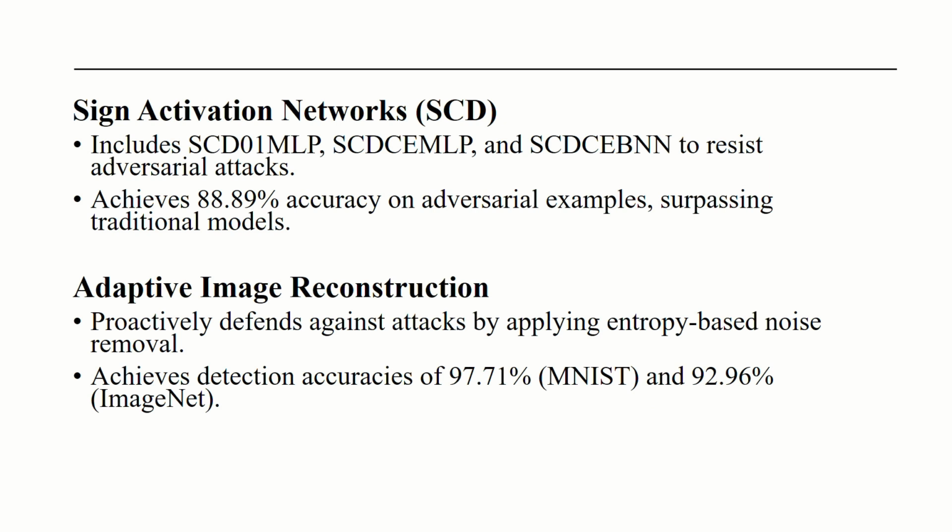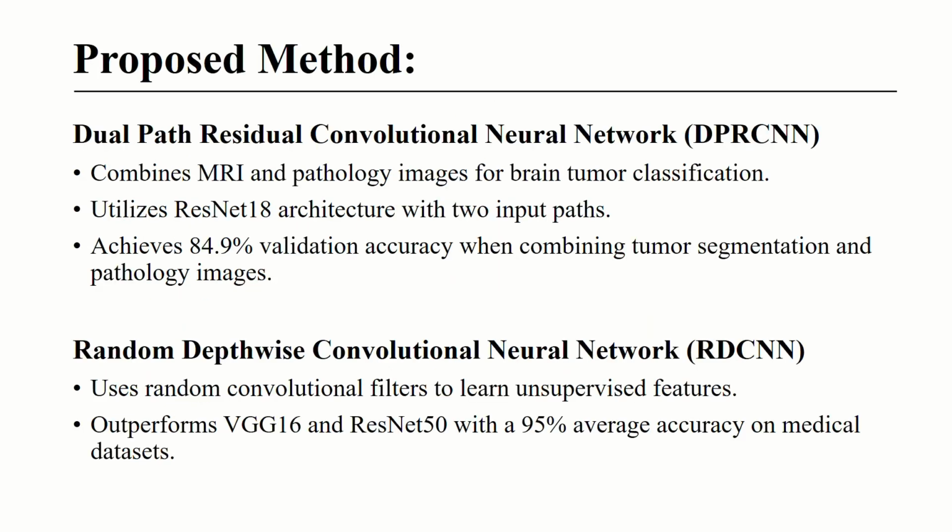A major focus is on SCD, but we'll explain the first two steps. Dual path residual convolution neural network combines MRI and pathology images for brain tumor classification. It utilizes ResNet architecture with two input paths and achieves approximately 85% validation accuracy when combining tumor segmentation and pathology images.